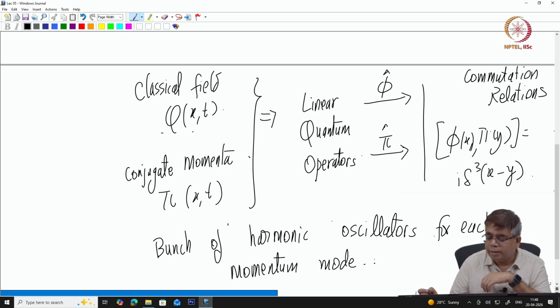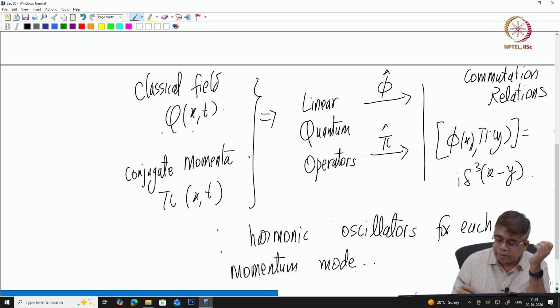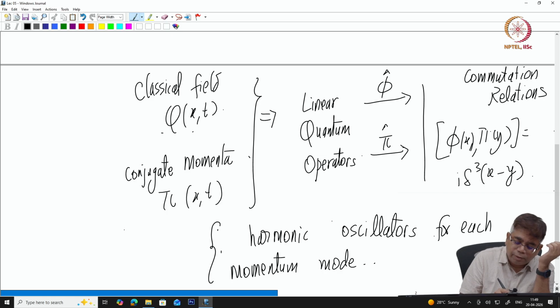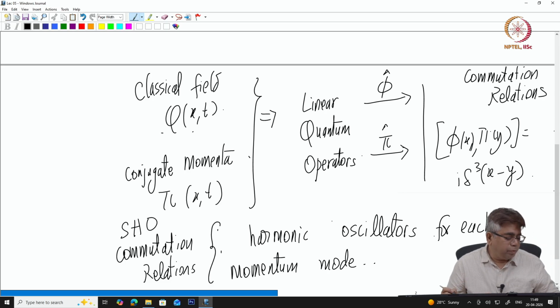So what we have seen is that for a real scalar field, each momentum mode acts like a harmonic oscillator, satisfying the simple harmonic oscillator commutation relations, and so you end up having a bunch of these particle-like modes.